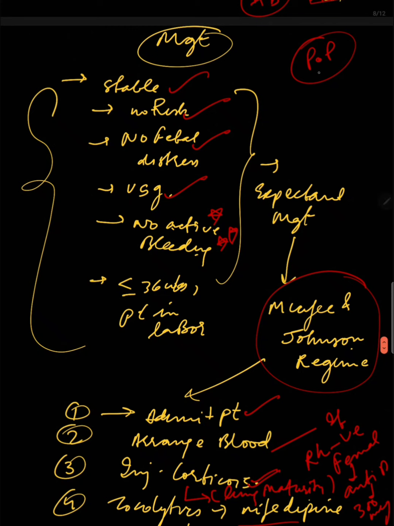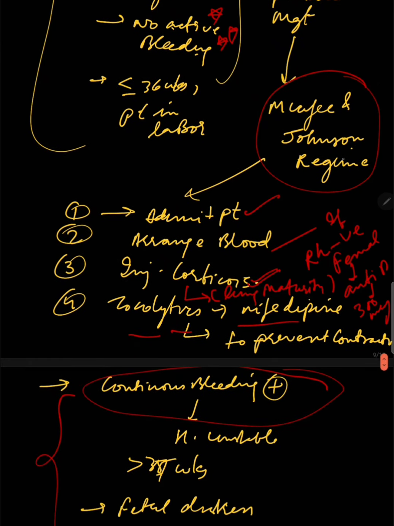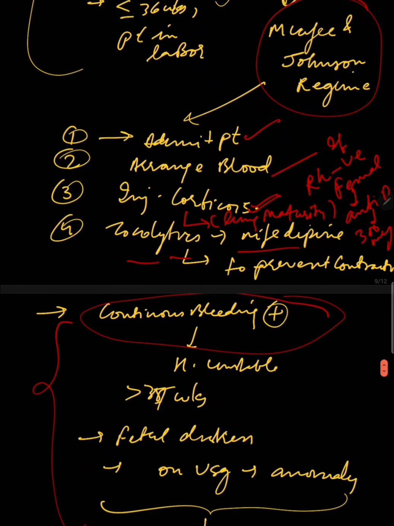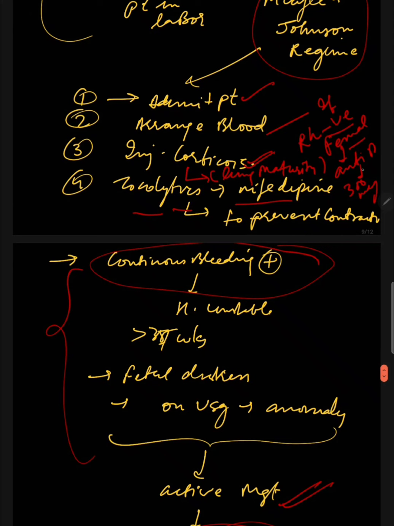For managing placenta previa, you will see the state of the patient. If the patient is stable, has no active bleeding, the ultrasound is normal, and there is no fetal distress, we'll go with expectant management, the Macafee Johnson regimen, in which we admit the patient and arrange for blood because we can anticipate the loss. If the patient is Rh negative, we'll give anti-D 300 micrograms.